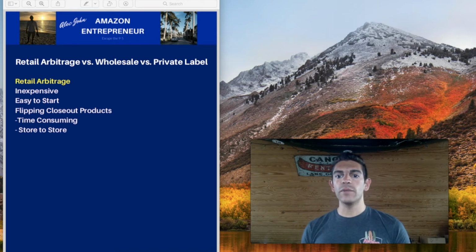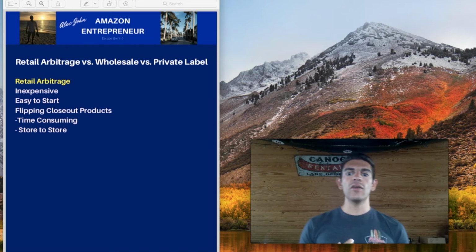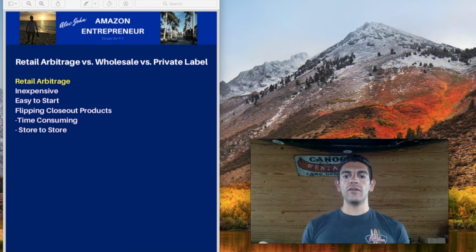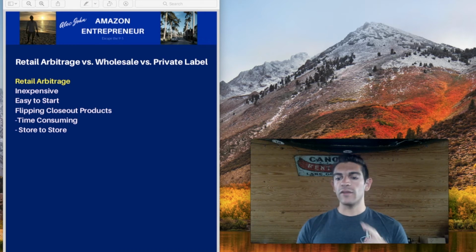If you're not familiar with retail arbitrage, what it basically is, you're going into big box stores like Target and these other stores, or closeouts or Dollar Tree or these discount stores. You're finding products, and then you're looking to see how much you could buy them and sell them for on, let's say, eBay, Amazon, and sites like that.